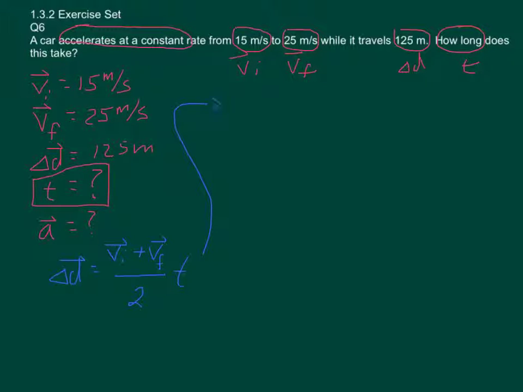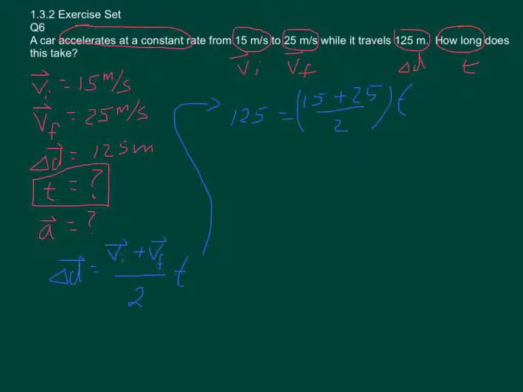So let's just plug it in. We know our displacement is 125 meters. VI is 15. VF is 25. Divide by 2. Multiply this whole thing by t.